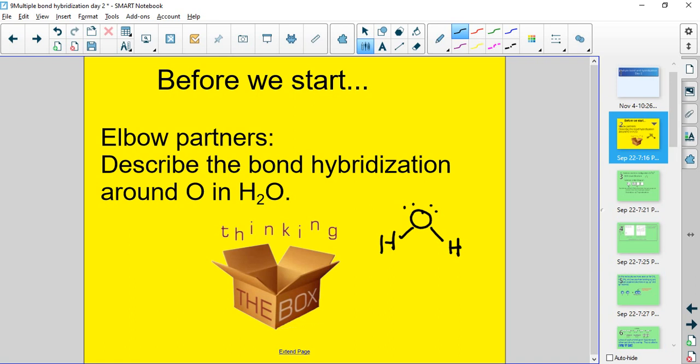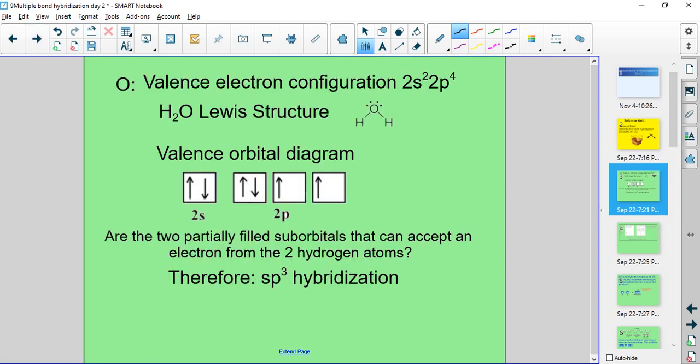So we have to see that oxygen requires a lone pair here, and then a half-filled suborbital here and a half-filled suborbital here. So we take oxygen's ground state orbital diagram, and we see that it has 2 electrons in the s orbital, 4 electrons in the p orbital, with one of them paired up, as a ground state.